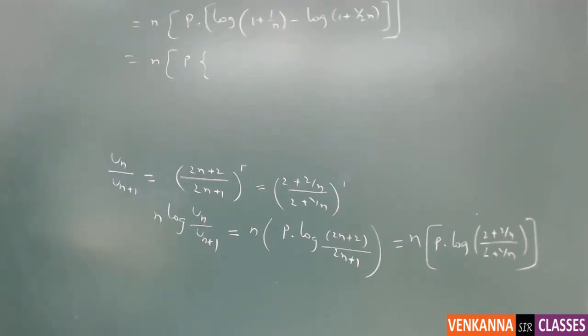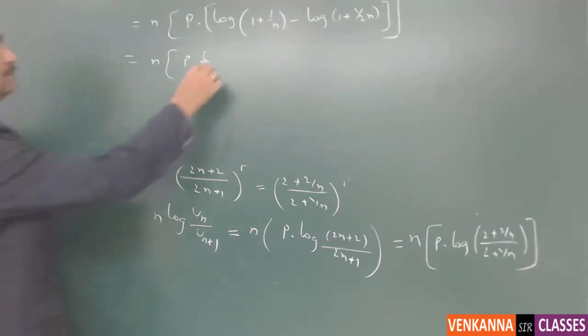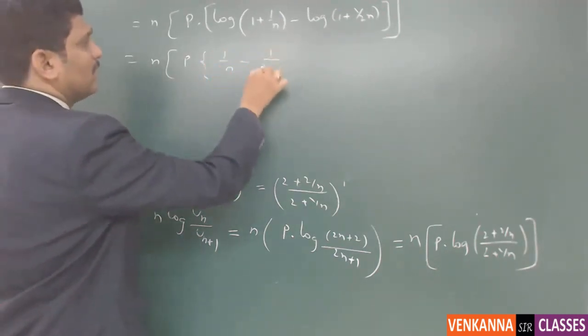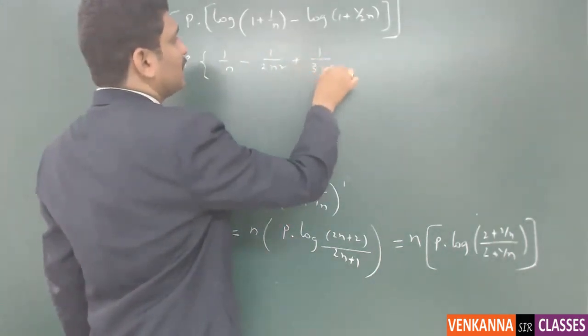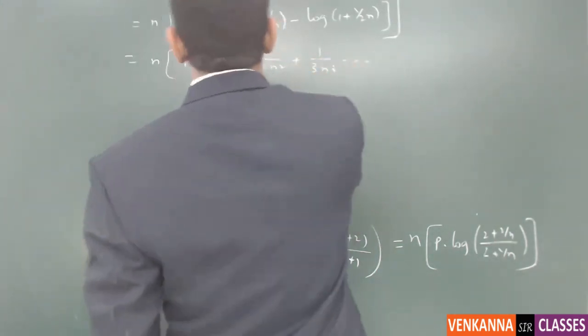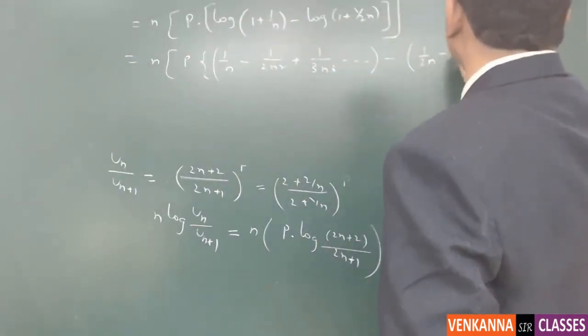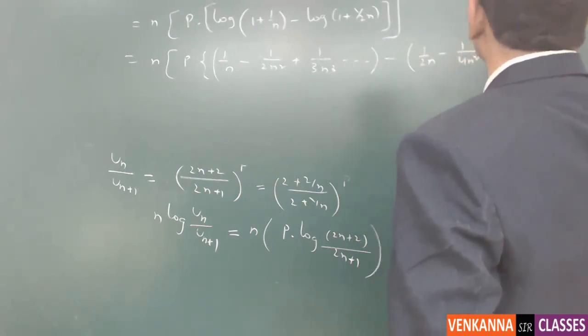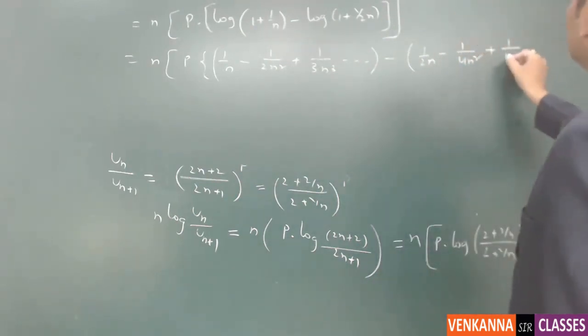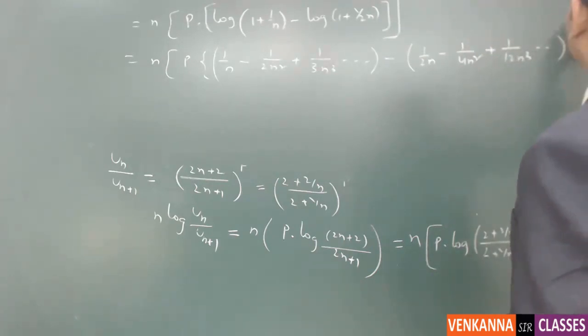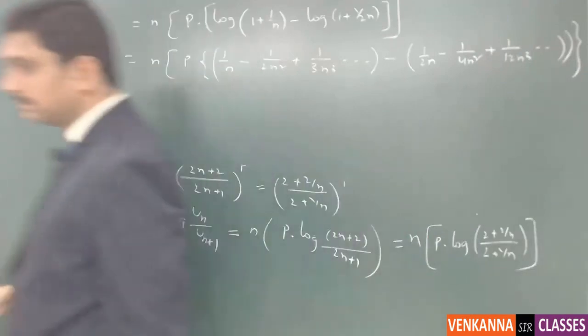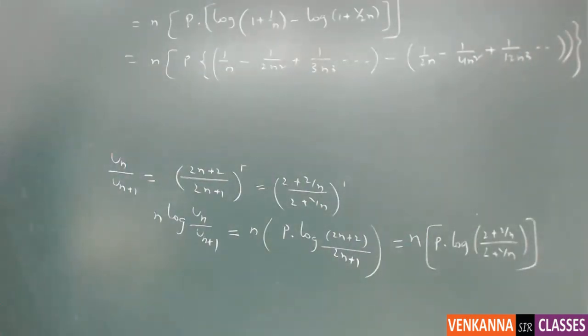So applying the term values there, you are going to get 1 by n minus 1 by 2n square plus 1 by 3n cube, and so on, minus, please check on that, 2n into 2 square x minus x square by 2 plus x cube by 3 and so on.